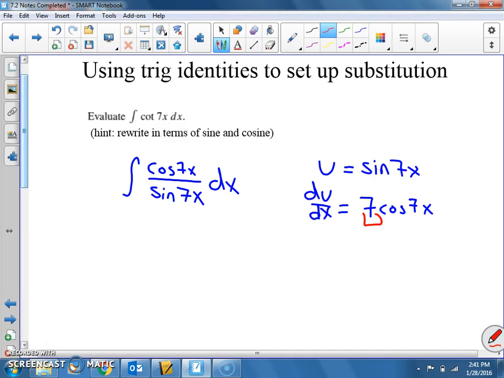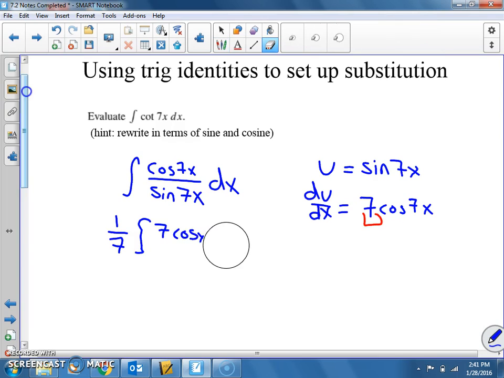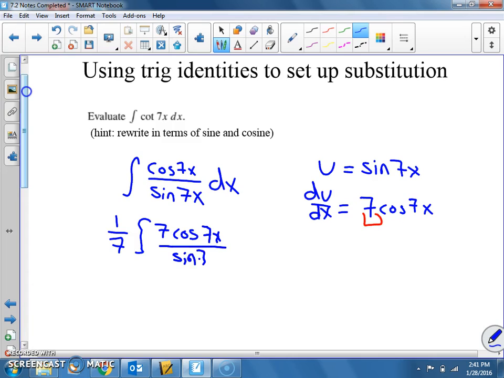So I have to introduce that part into my equation. So if I introduce a 7, I also have to multiply by 1 over 7. So I'm going to put the 1 over 7 on the outside, and the 7 is going to go on the inside there. Oh, sorry, that'd be cosine of 7x over the sine of 7x.